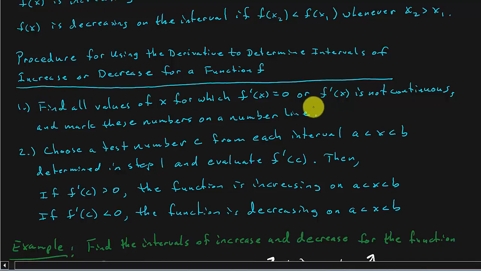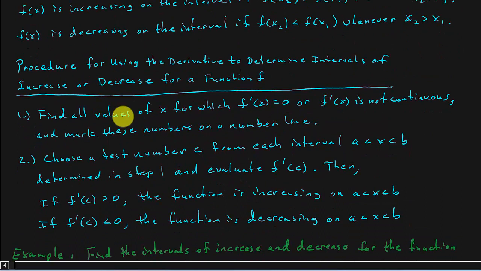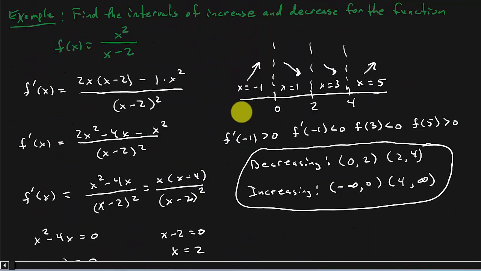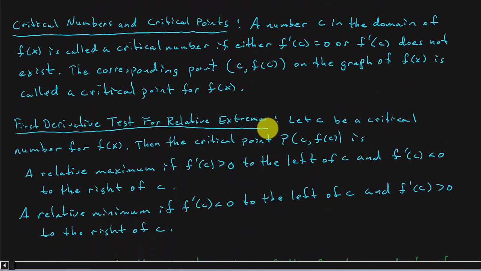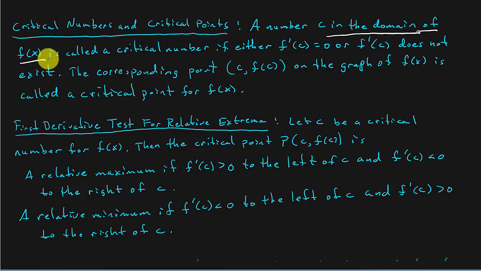But notice how this has something left out. There are some words that are not in here that are in the ones down here for critical numbers. It says a number c in the domain of f of x. So to find the critical numbers, you're going to set the derivative equal to 0 and solve for x, just like we did before.